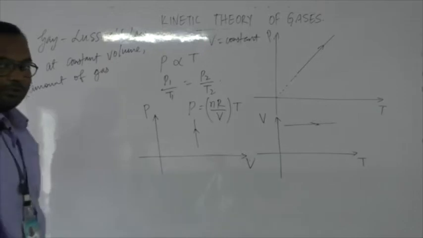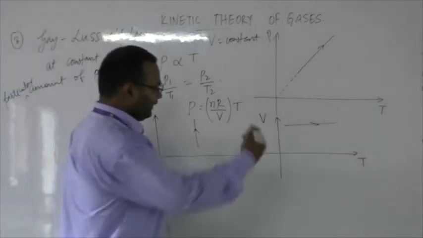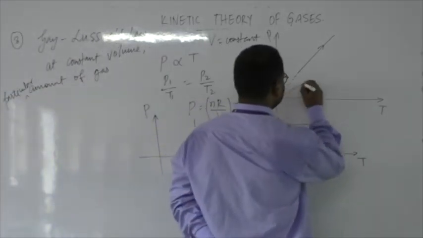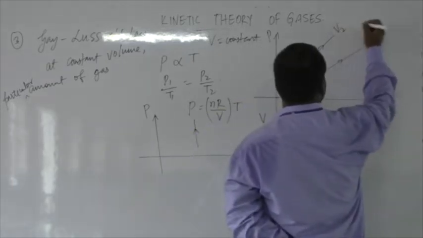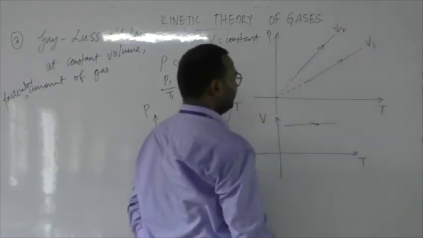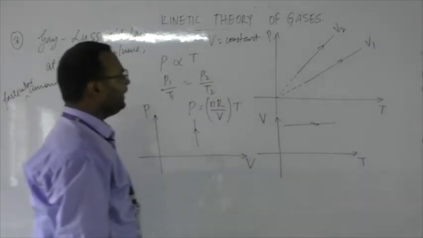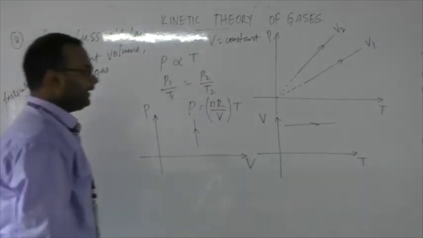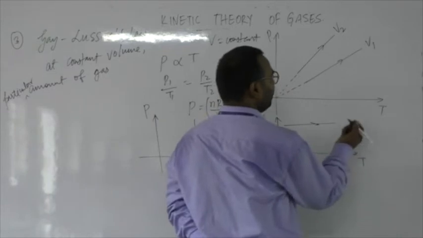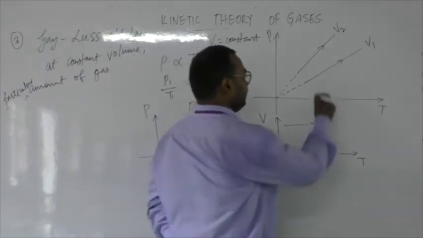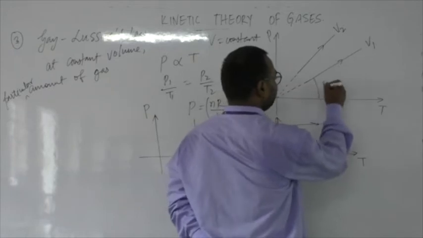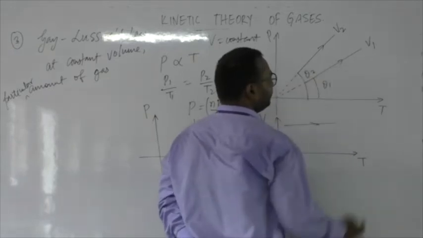Now again we'll do comparisons. So let's take this graph only. Say this is for V2 and this is for V1. A straight line graph between P and T gives you volume. Now again you compare the slopes. We have to find again which is more, V1 or V2. So again see here, say this is theta 1 and this is theta 2.